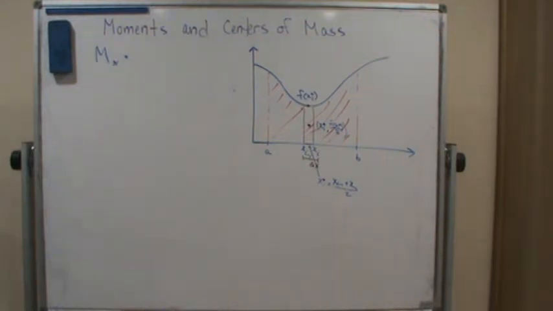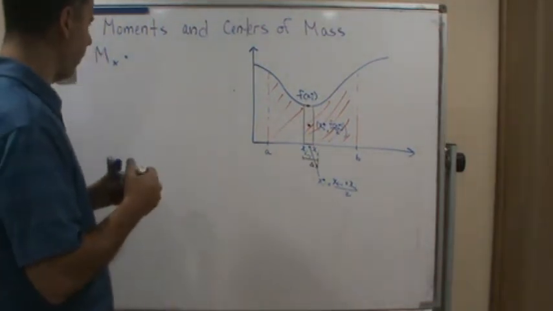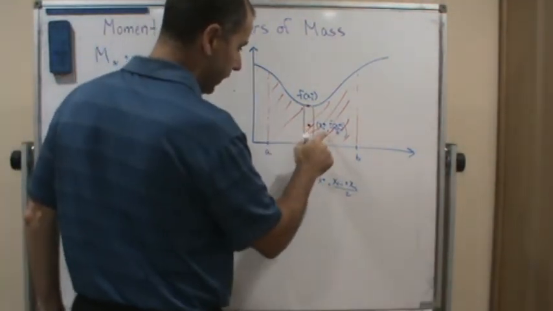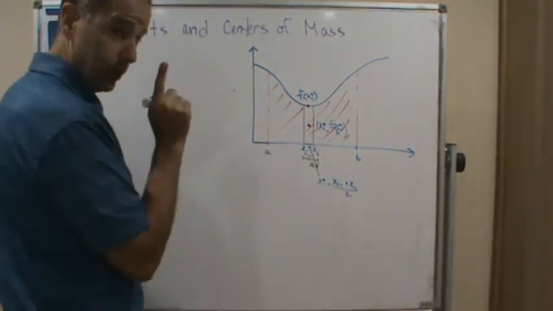In order to find the moment of the rectangle with respect to the x-axis, we're going to take the mass, and that's what we just calculated a moment ago, of the rectangle times the distance that the center of mass is from the x-axis. Okay? So, in this case here, where's the centroid located? Right here at this point, right? So, that's what we're going to use to figure this out.